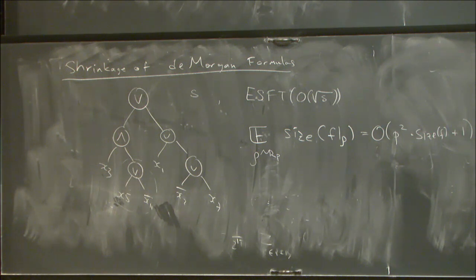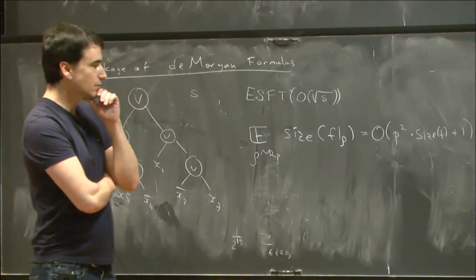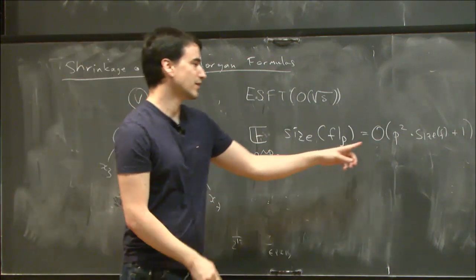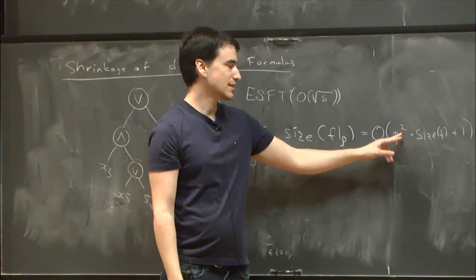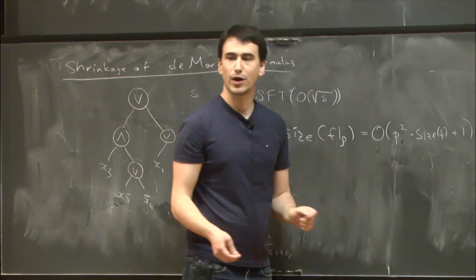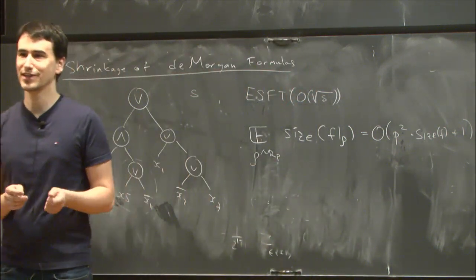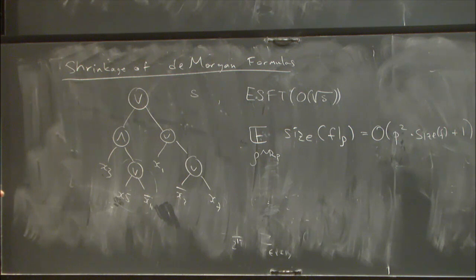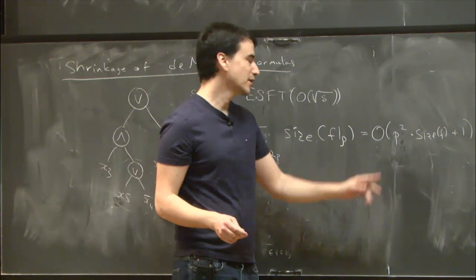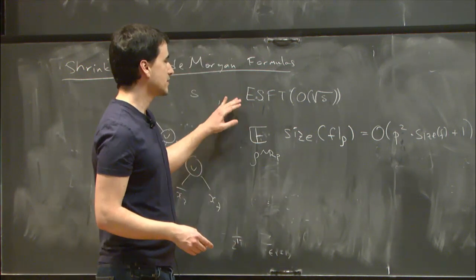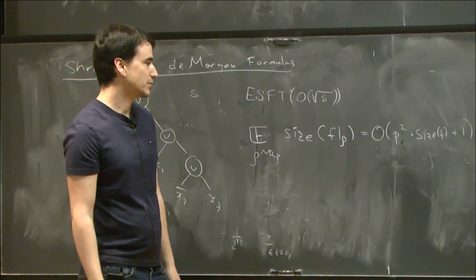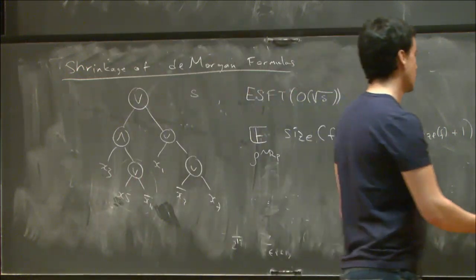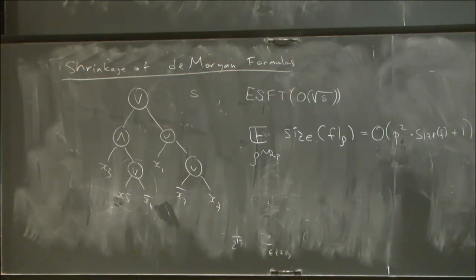Subbotovskaya showed this with 3/2, and then this exponent was improved to 1.55 and 1.63, and eventually Håstad showed it with 2, but there were some logarithmic terms, and using this result you could get rid of the logarithmic terms.